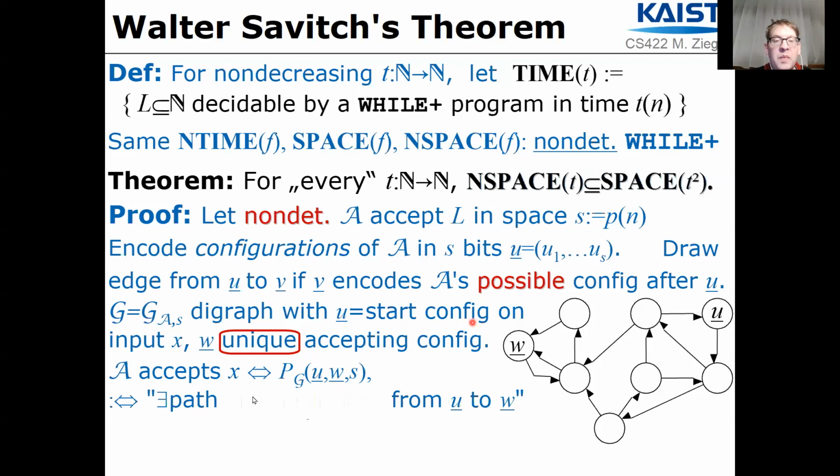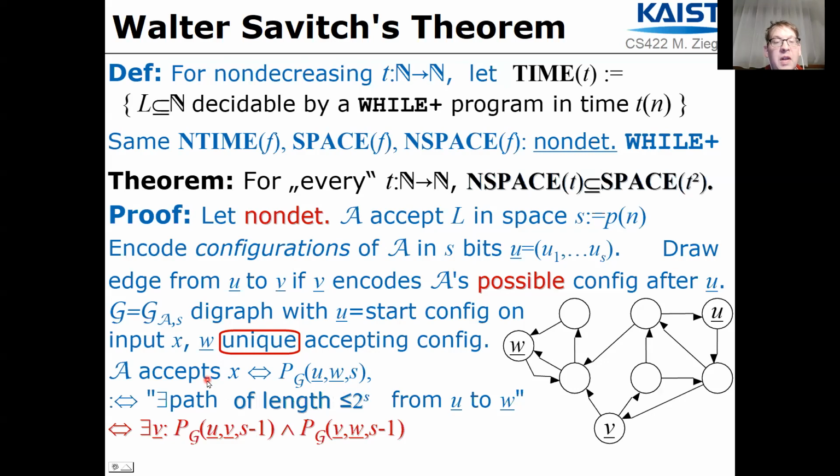So we define this predicate to mean that there exists a path from U to W, and such a path exists if and only if there exists a path of at most exponential length. And if such a path of exponential length exists, that's equivalent to saying that there exists an intermediate vertex which can be reached in at most half the number of steps, and from which the final configuration can be reached also in at most half the number of steps.